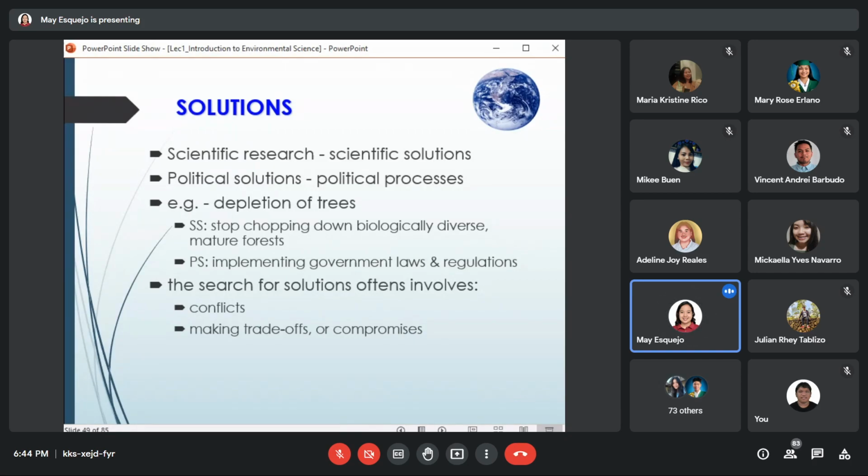Okay? So, scientific research, so we use this, diba? So, as engineers, okay, future engineers, we are being trained to at least somehow recognize the environmental problems so that we can contribute well.